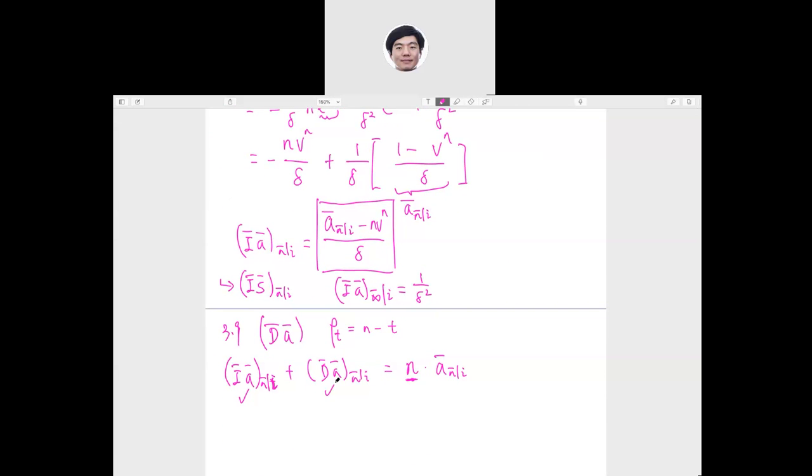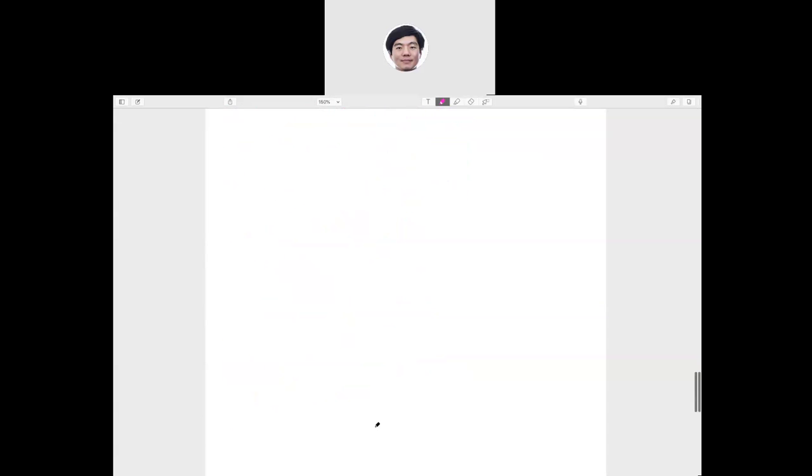So it's easy to derive D bar, A bar, right? So once you know that, we can easily calculate the accumulated value. And also, if you want to know the perpetuity, you need to take n to be infinity, then you get the result. This is pretty much chapter 3. So now let's do chapter 4.